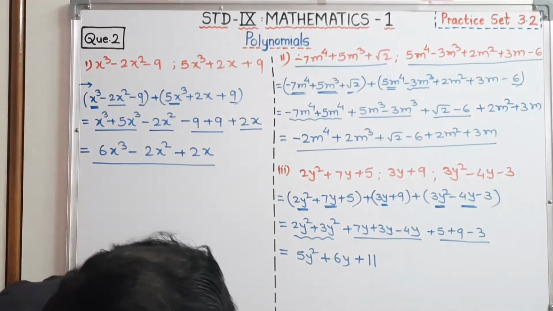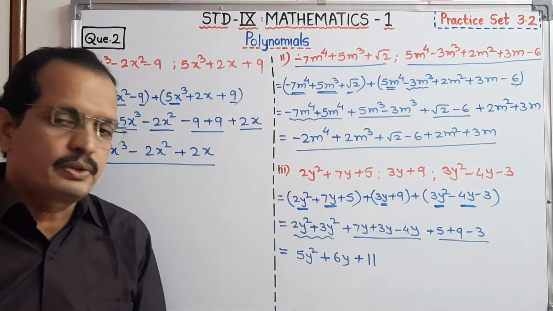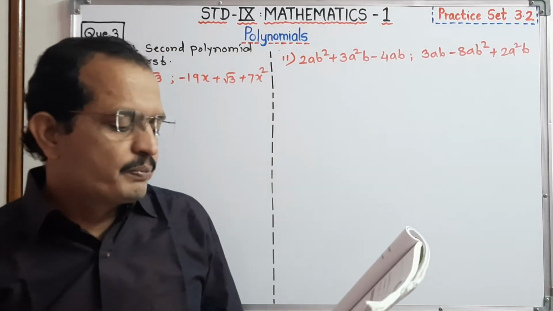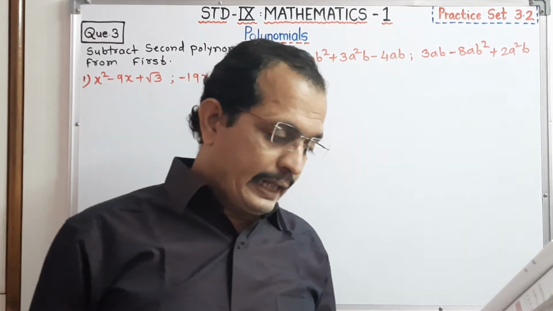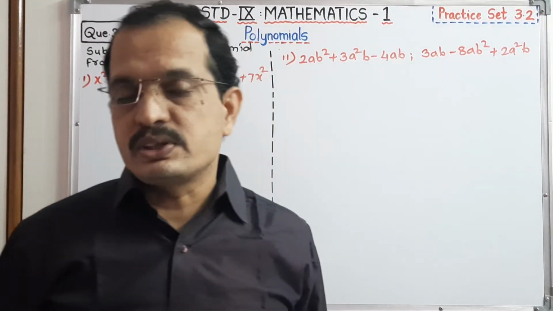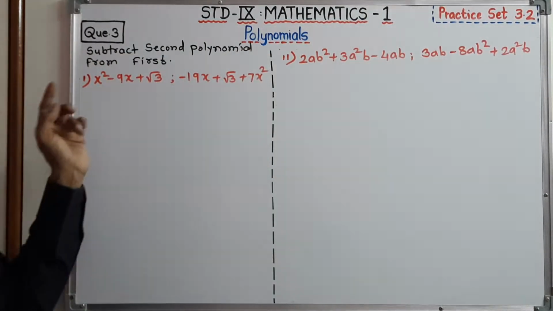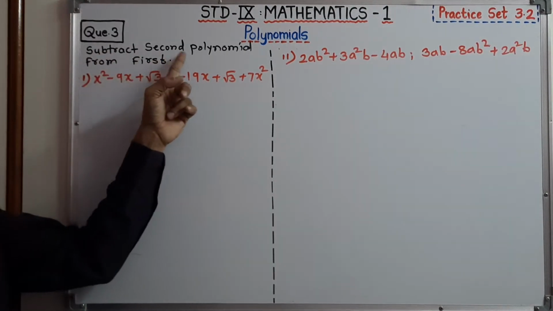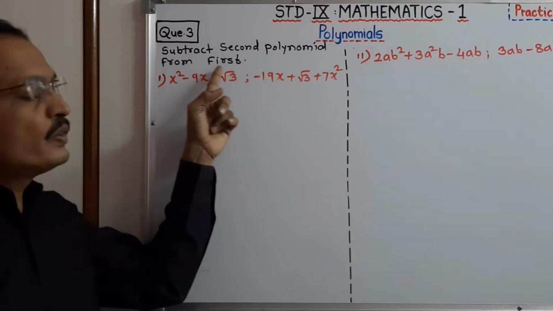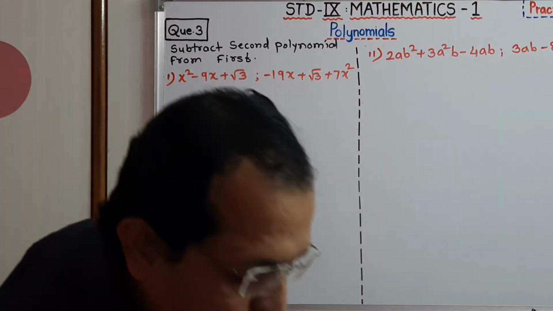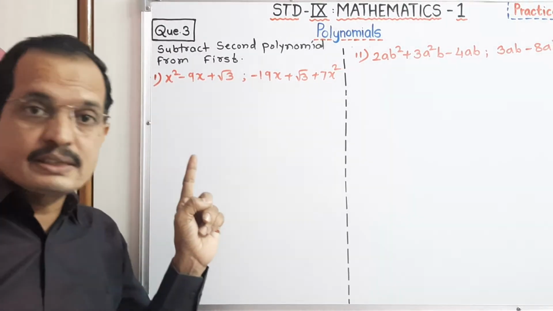Now we have to start with the third question. See the question number third one. Subtract the second polynomial from the first. Dear students, we have to do the subtraction of the polynomial, but what is given?